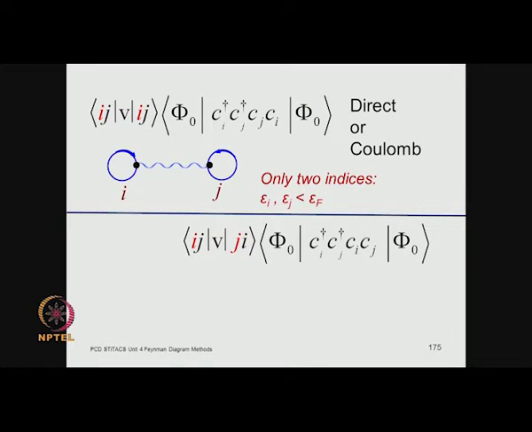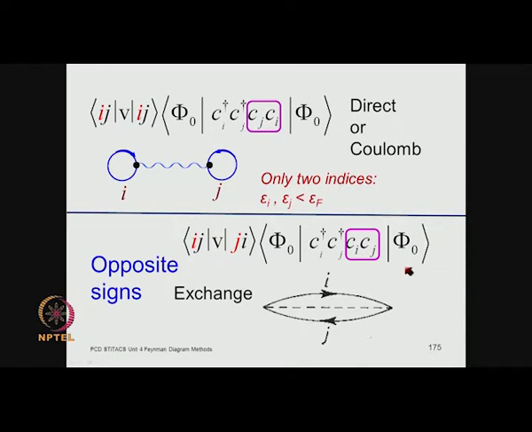That is the oyster diagram that we have drawn. So, you have these 2 possibilities, one corresponding to c_j c_i and the other corresponding to c_i c_j. They will have opposite signs and will be represented respectively by the double bubble for the direct interaction, which is also called the Coulomb interaction. So, Coulomb and direct in this context are synonymous, and the other possibility is the exchange.